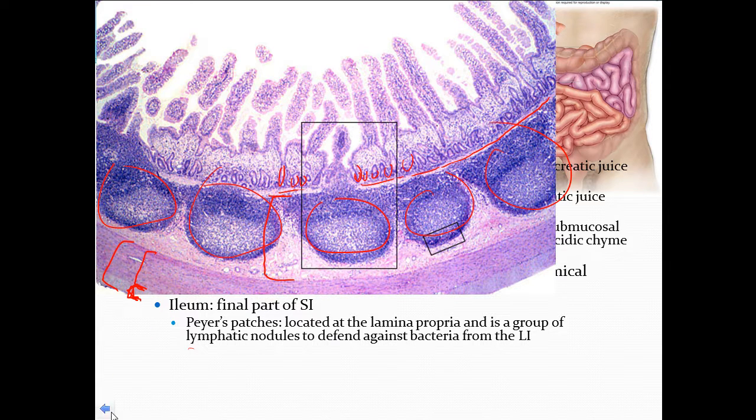And if we were to look at the surface of this here, in this case it's serosa, because serosa is just the simple squamous epithelium with a small layer of areolar connective tissue underneath that. Okay.